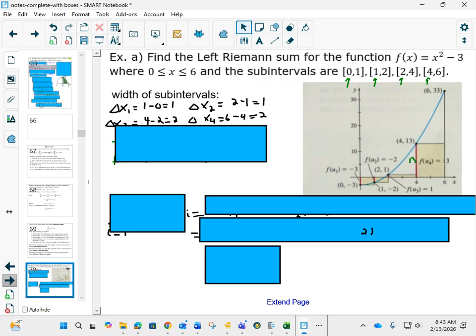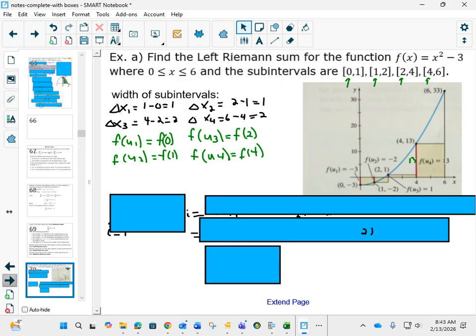And the widths of the intervals are different. From 0 to 1, this width is 1, this width is 1. From 2 to 4, it's 2, and from 4 to 6, it's 2. We take our left points and plug them in to find our heights, and then we sum up all of these rectangles.